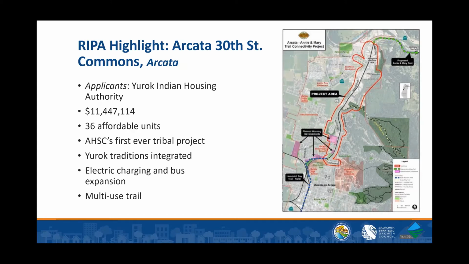The project includes 36 total units, all of them affordable, a multi-use trail, which you can see highlighted on this map, though it is quite small, a pedestrian bridge, and zero emission vehicle charging infrastructure, as well as pedestrian walkway improvements, and the addition of electric bus service.